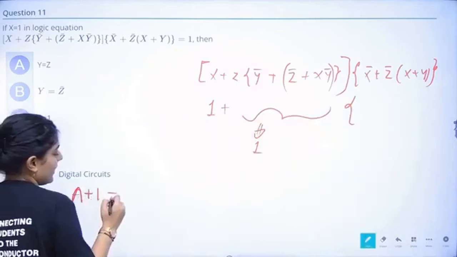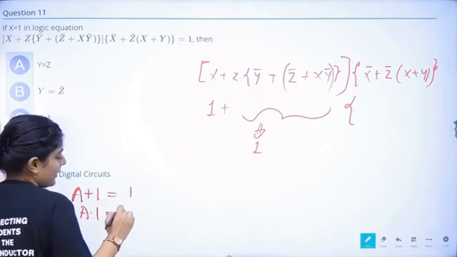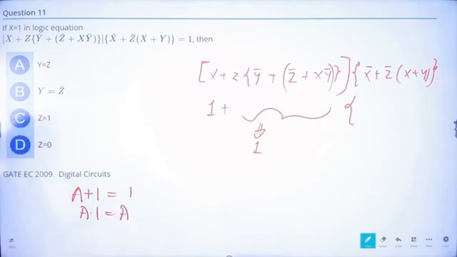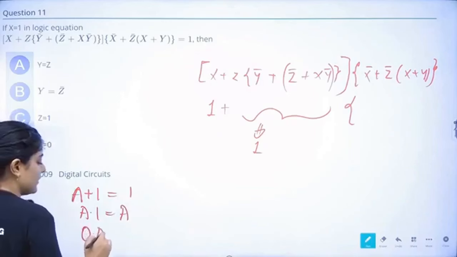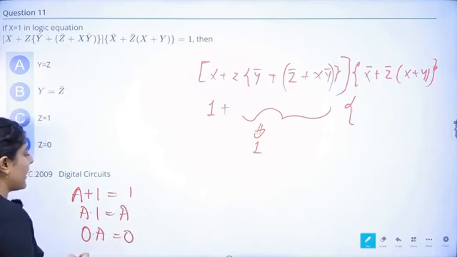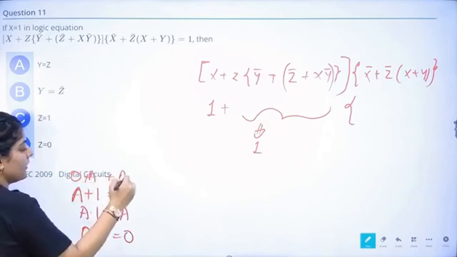1 plus a is equal to 1. A multiplied by 1 is equal to a. To multiply 0 with anything, that will become 0. And to add 0 to anything, very simple.